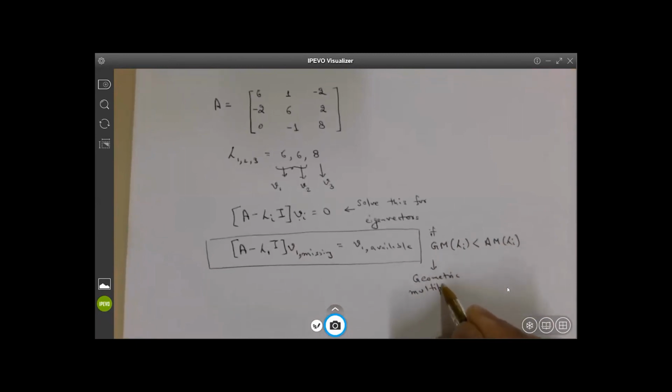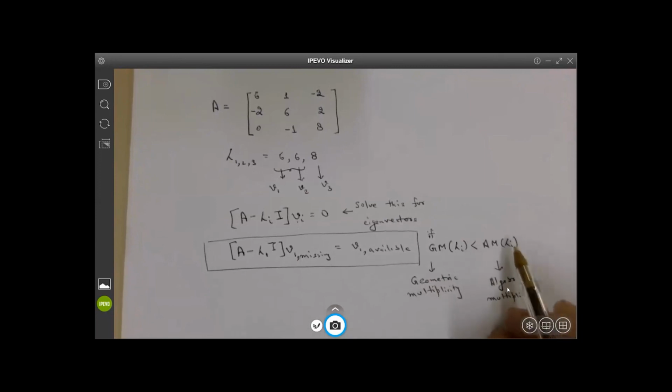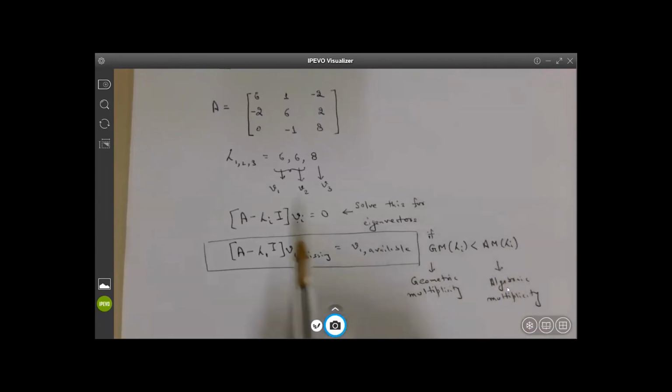For each lambda, if I have repeated eigenvalues, just like for 6, I have 2. 6 is repeated twice, so the algebraic multiplicity corresponding to lambda equals 6 is 2.